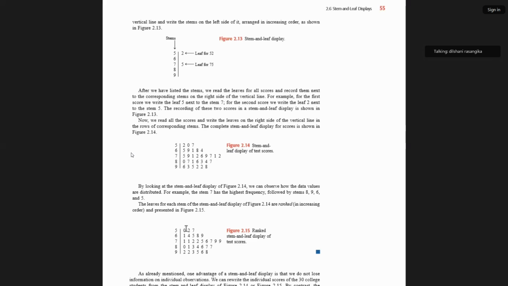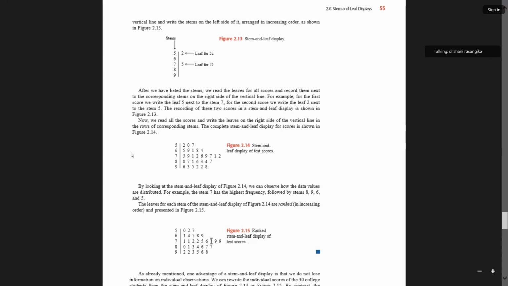To find the median, you need to find the average of the 15th and 16th data. So how can you find it? You can count 1, 2, 3, 4, 5, 6, 7, 8, 9, 10, 11, 12, 13, 14, 15. What is the 15th value? This one. 77, right?